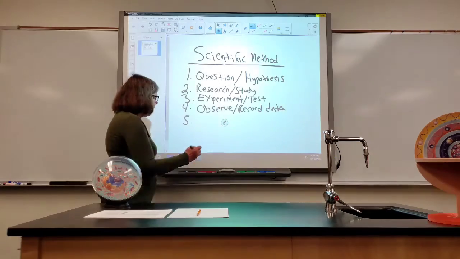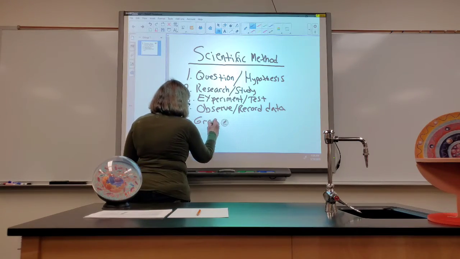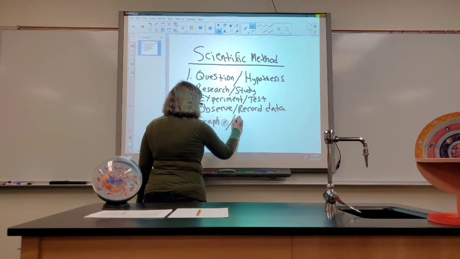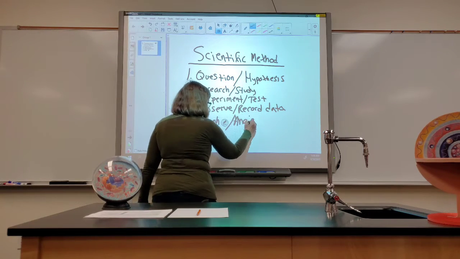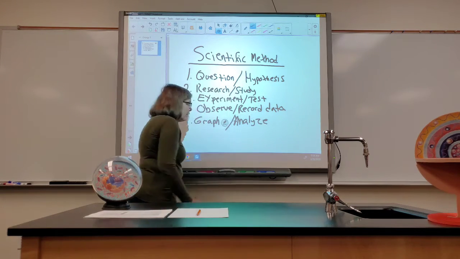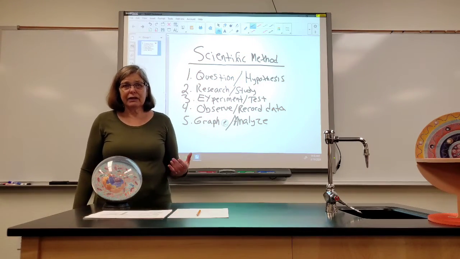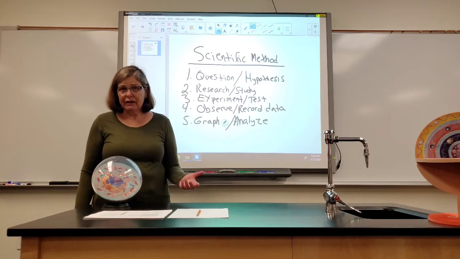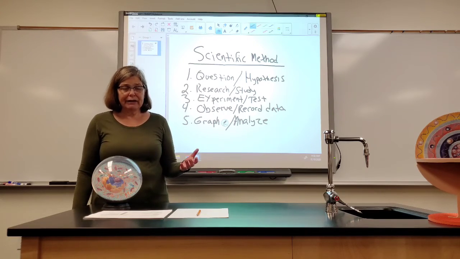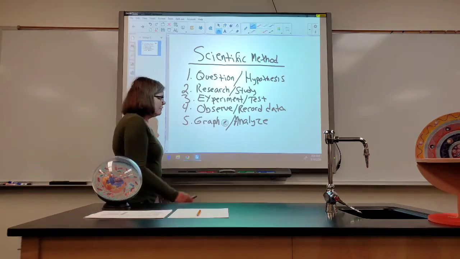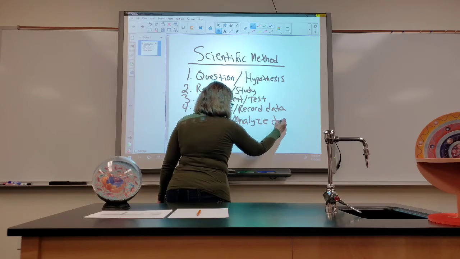The way we would do that is creating a graph, and the purpose of that graph is to analyze our data. We will be working with graphing and how to select the appropriate graph for the type of data that you have and what you want to find out from that. So we would analyze that data.